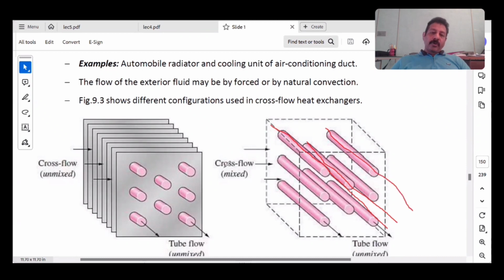Okay. அந்த டியூபுக்கு வெளியில ஒரு fluid flow ஆகுது. ரைட்டா? அந்த வெளியில போற fluid நான் மிக்ஸ்டாவும் பண்ணலாம், அன்மிக்ஸ்டாவும் பண்ணலாம். அன்மிக்ஸ்டா நான் இந்த மாதிரி செட்டப் யூஸ் பண்ணிட்டேன். கார்ட்போர்ட் சட்டம் வச்சு நான் செப்பரேட் பண்ணிட்டேன்னா ஒரு கார்ட்போர்டுக்கும் இன்னொரு கார்ட்போர்டுக்கும் இருக்கிற கேப்ல ஒரு fluid flow ஆகும். ஓகே. இன்னொரு fluid இந்த டியூப்ஸ்குள்ள flow ஆயிடும். So this type is what you call a cross flow. இண்டஸ்ட்ரியில யூஸ் பண்றது கவுண்டர் ஃப்ளோ அண்ட் கிராஸ் ஃப்ளோ தான் நிறைய யூஸ் பண்ணுவாங்க.